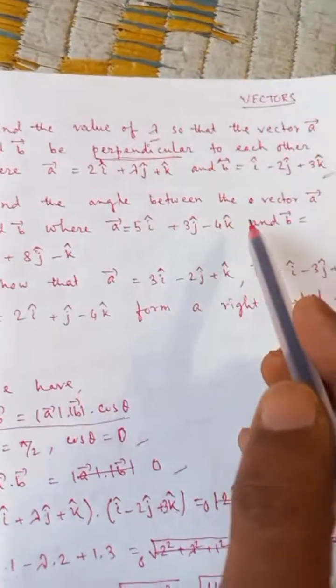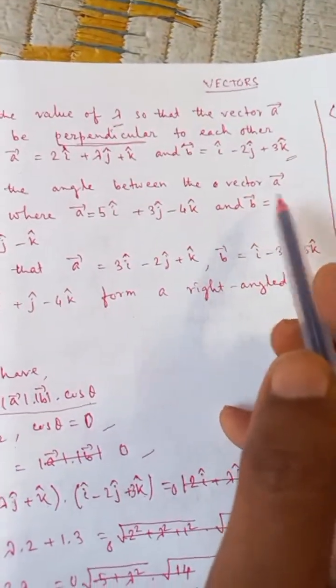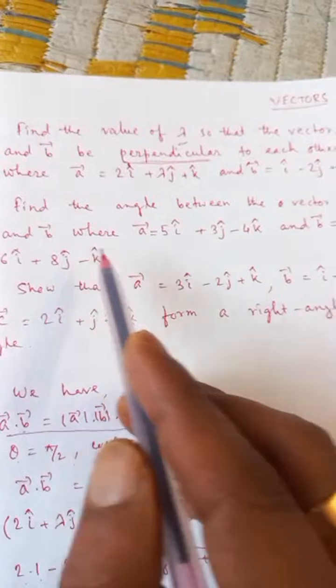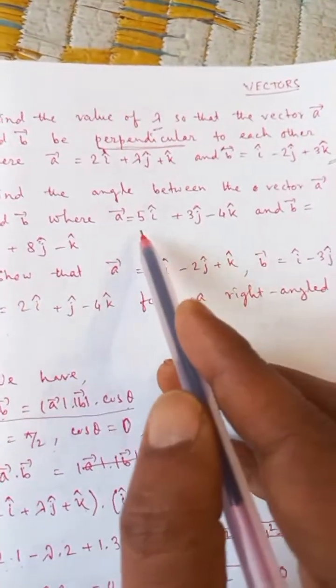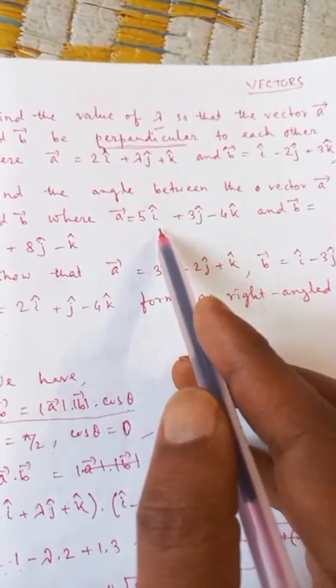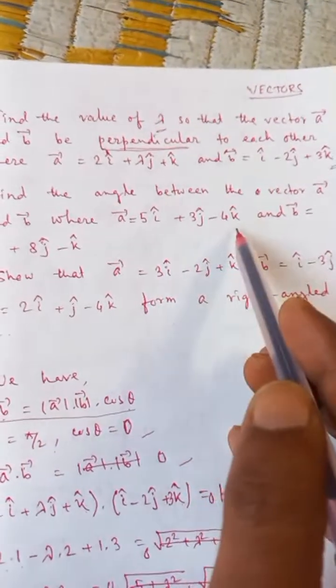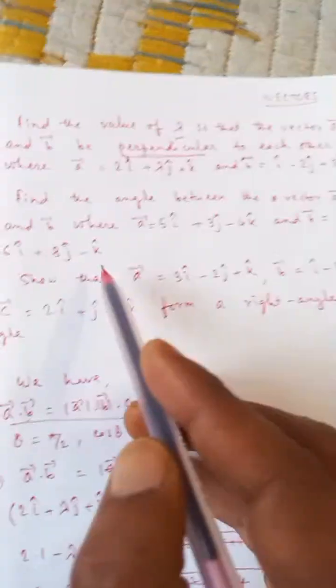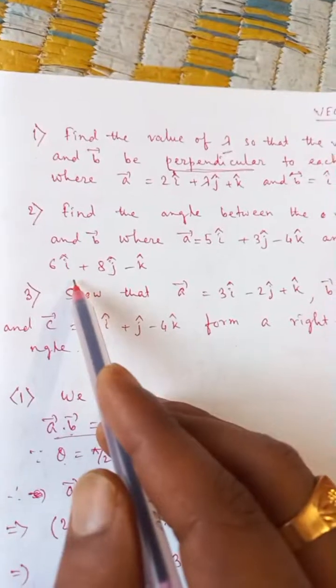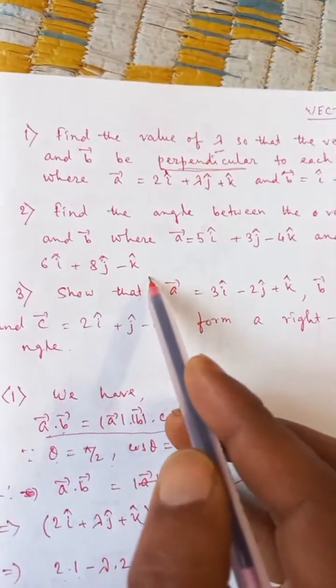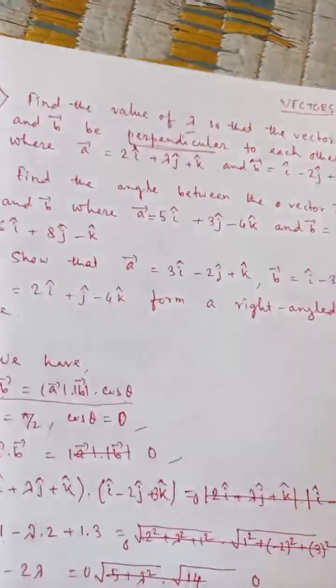Find the angle between the vectors A and B, where vector A is 5i plus 3j minus 4k, and vector B is 6i plus 8j minus k. So how can you find the angle?